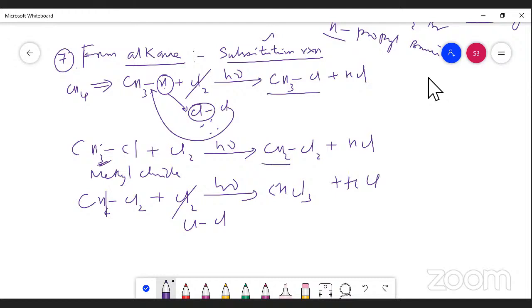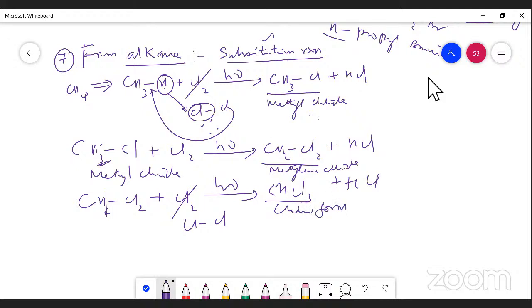This is called methylene chloride. This is called chloroform, or trichloromethane. These are monochloromethane, dichloromethane, methyl chloride, methylene chloride, and trichloromethane, which is nothing but chloroform.